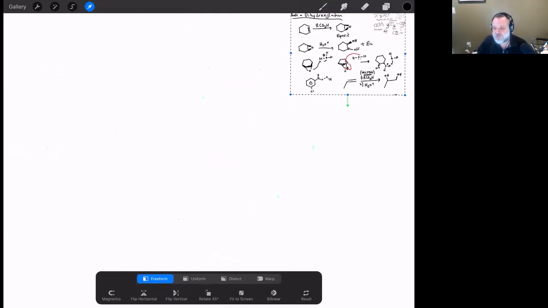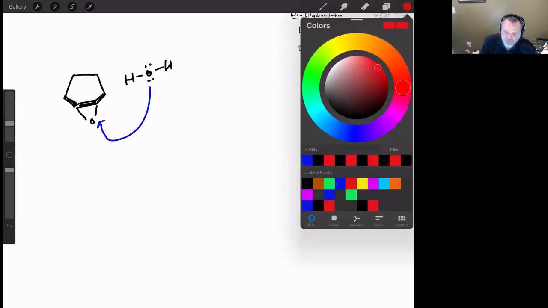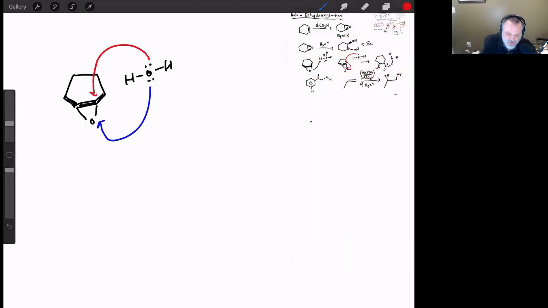So can you repeat what you said about backside attack? Yeah, so Shelley, what I'm saying about backside attack is this. If I have an epoxide, which is a three-membered oxygen-based ring, that means that it's not favored to have the water attack from this same side. The water instead attacks from the other side of the ring.